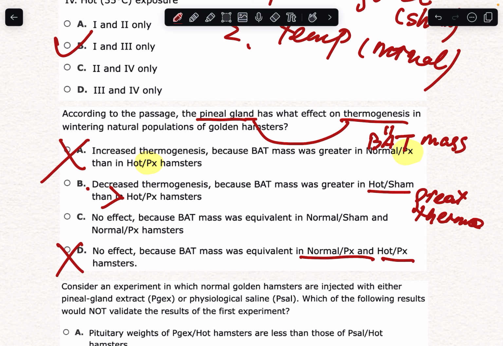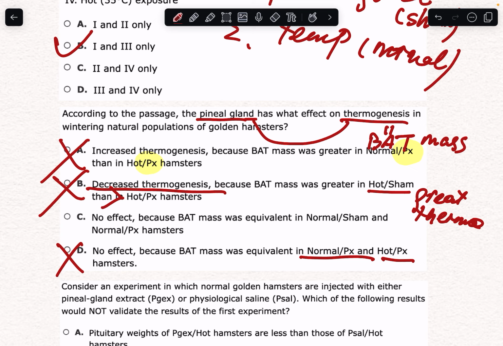But here it says decrease thermogenesis. So really the answer choice B in and of itself is contrary, right? The first part of answer choice B is contrary to the second part of answer choice B. So this is not logical in and of itself, okay? So which gives me C is the best answer, but we can still read it, right?